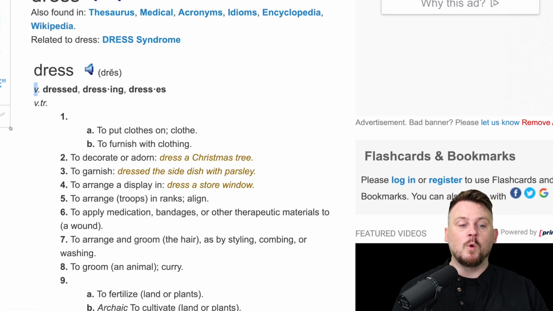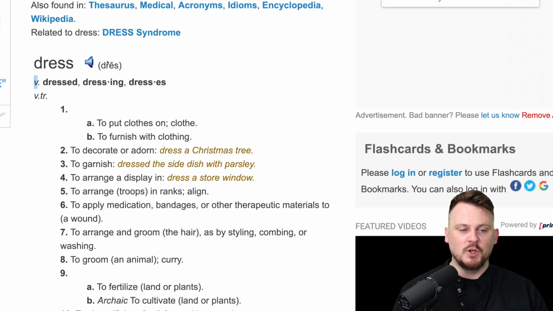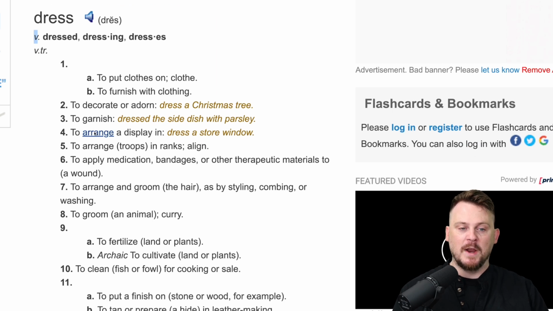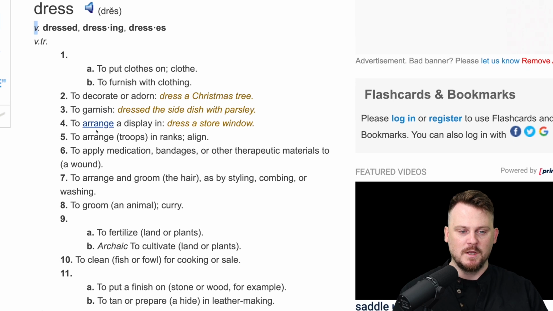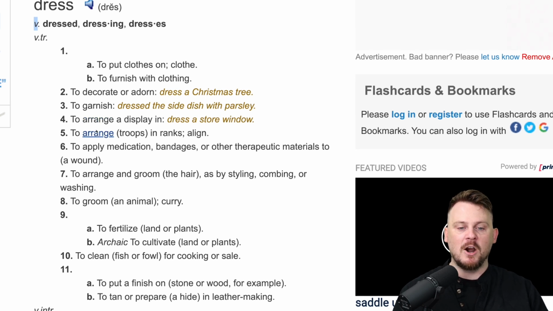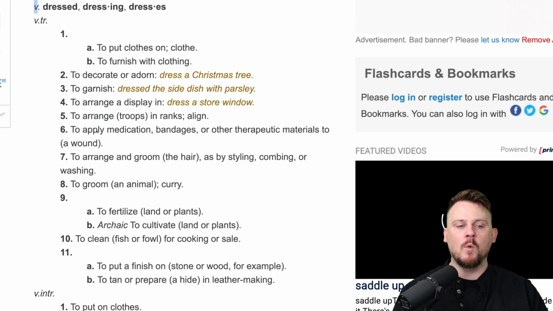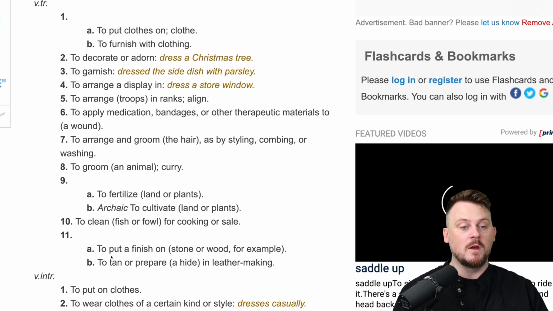To decorate or adorn, to garnish, to arrange a display in. To arrange troops in ranks, to apply medication, bandages, or other therapeutic materials to a wound, to arrange and groom the hair, as by styling, combing, or washing, to groom an animal, to curry.